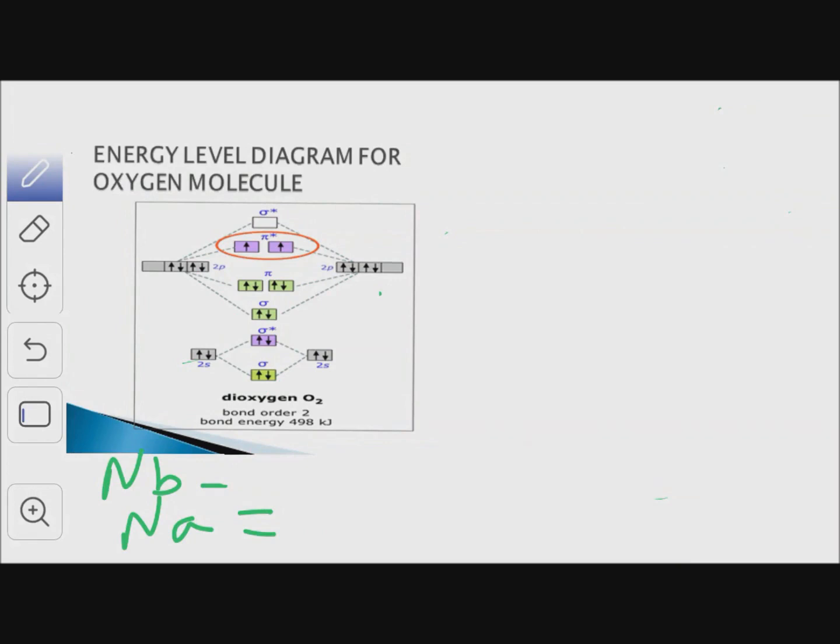Next, we can calculate the bond order for O2 negative. It means it has one extra electron than the O2 molecule. Here, the total number of electrons in O2 negative is 17.